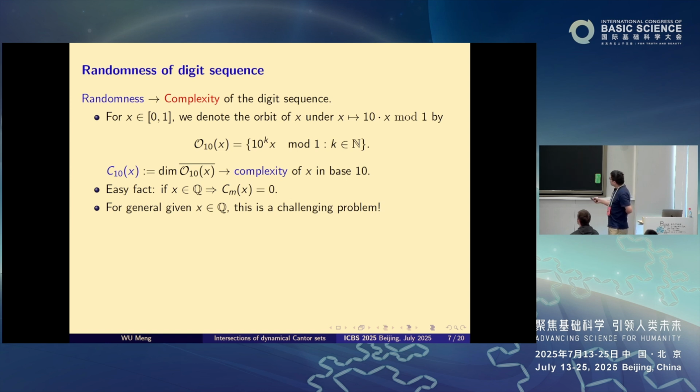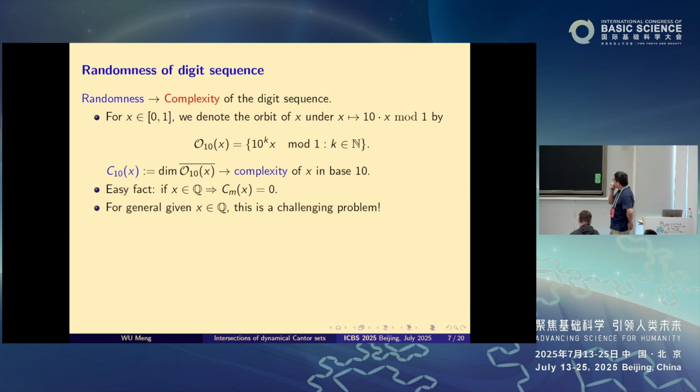So you look at the orbit of x by the times 10 map, and then look at the orbit closure. Then you can talk about the dimension of a set. For example, you can take the box dimension of this set, and then define the complexity of x in base 10 to be this number.